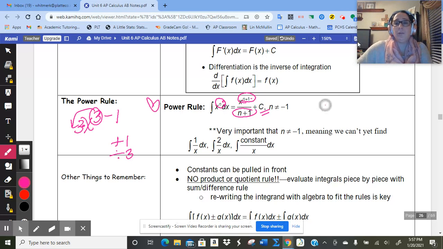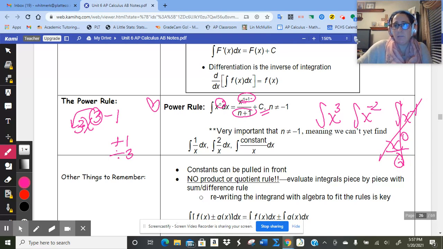So this will be true for every single x to the third, x to the negative second. Everything will work except for x to the negative 1. So think about why that's not going to work. If I add 1 to it, I get 0, and then I divide by 0, and oh no, we can't do that. So that's going to be a separate rule we'll learn about later.